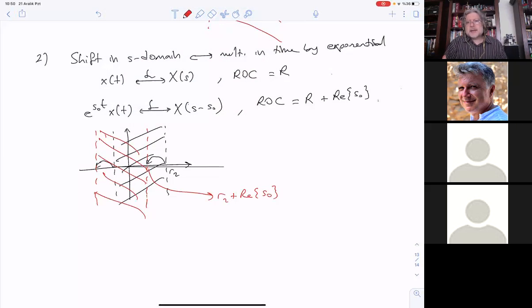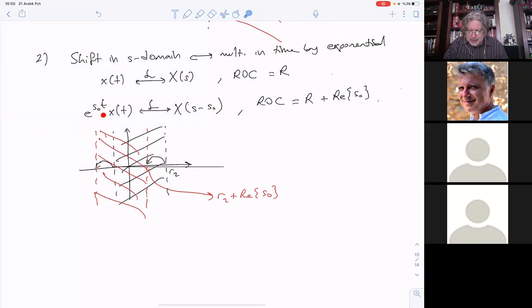Now, an interesting thing that you can observe about this kind of a relation is when this S0 is purely imaginary. For example, it's equal to j omega 0. J times omega 0 is an imaginary value related with omega 0, of course, but it has no real part.